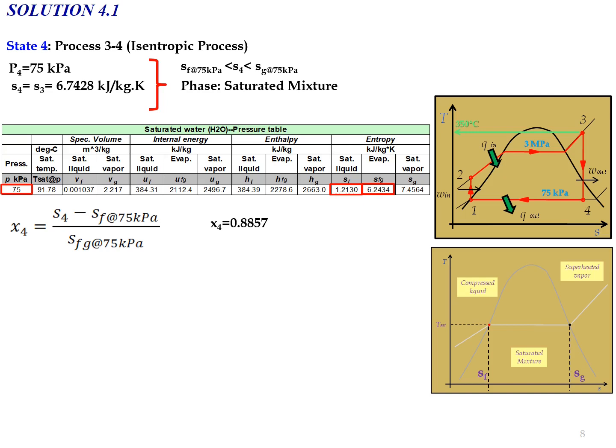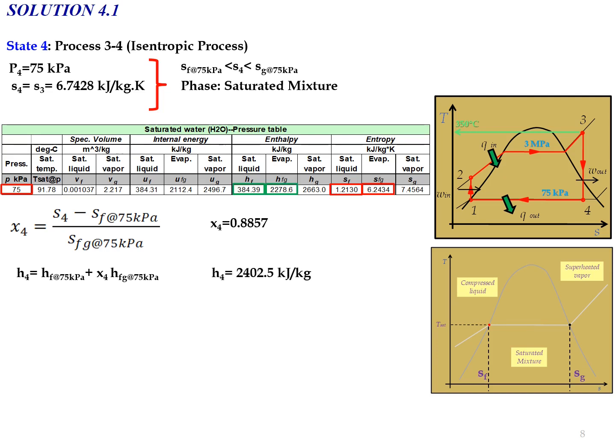And then use the formula for enthalpy that you learned in Thermodynamics 1, where H4 equal to HF at 75 kilopascal plus X4 multiplied by HFG at 75 kilopascal. The values of HF and HFG at 75 kilopascal you can determine from the saturated water table.